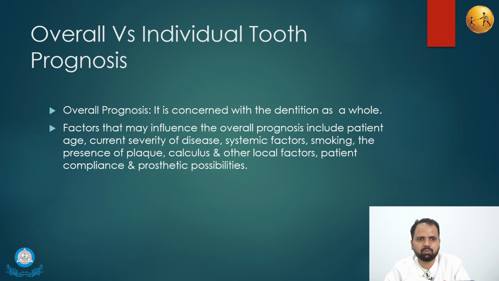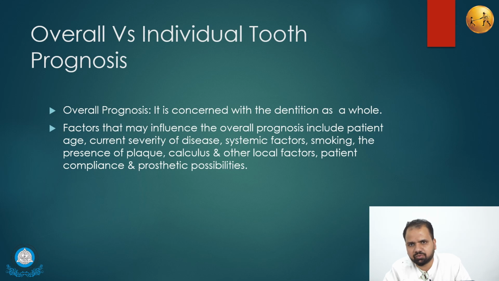So based on this, depending upon the age of the patient and which particular strata of the age the patient is in, will give us an idea regarding how the prognosis of that particular dentition would be. Then depending upon the sex, whether male or female, there are a few diseases which are more prevalent. There is some gender predilection for that, so gender plays an important role in prognosis.